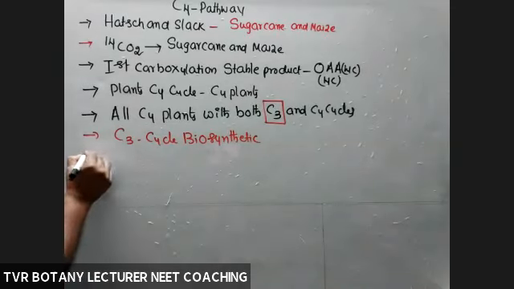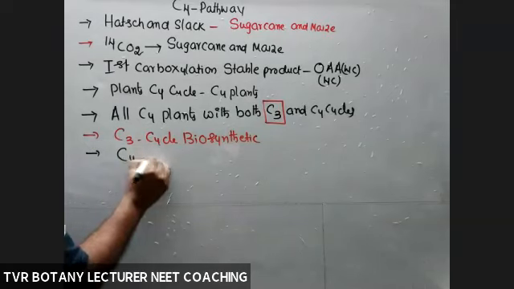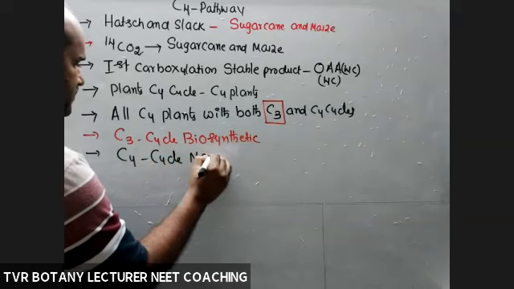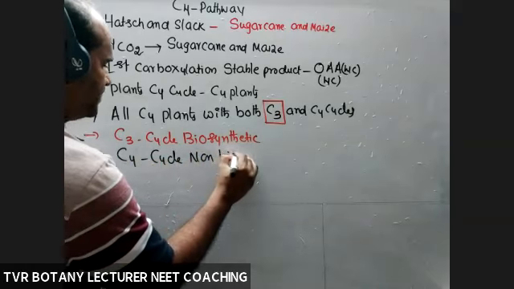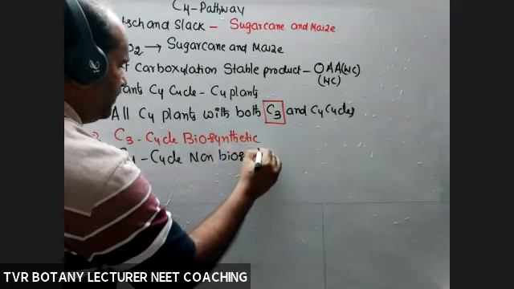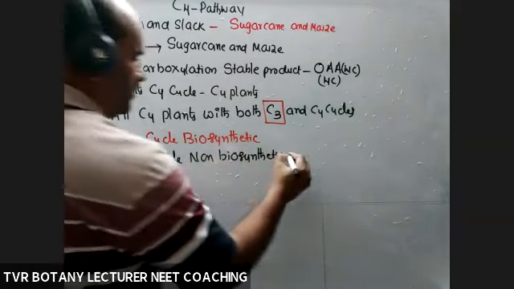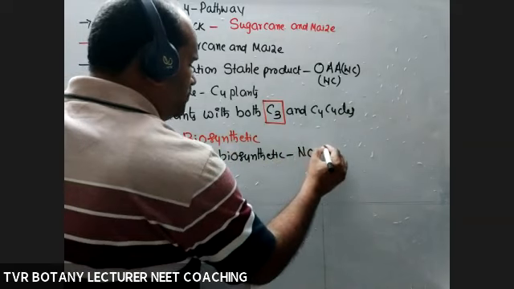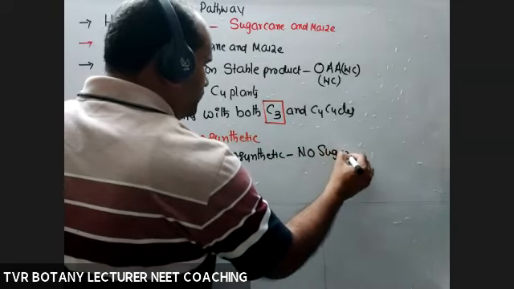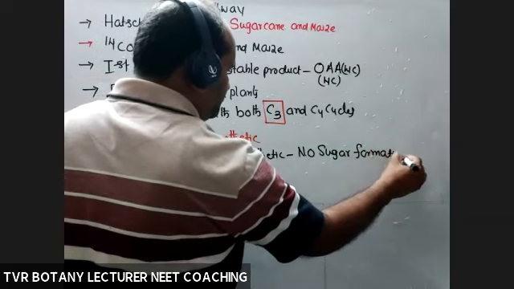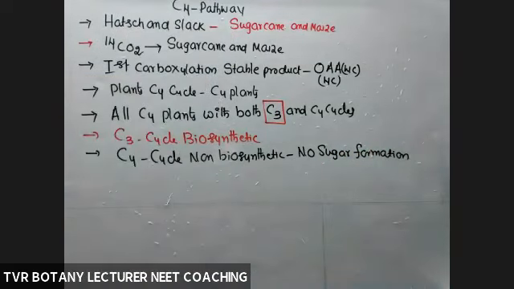But what about a C4 cycle? It is non-biosynthetic. Anabolic reaction, non-biosynthetic means by means of this there is no sugar formation. But it is an anabolic pathway.